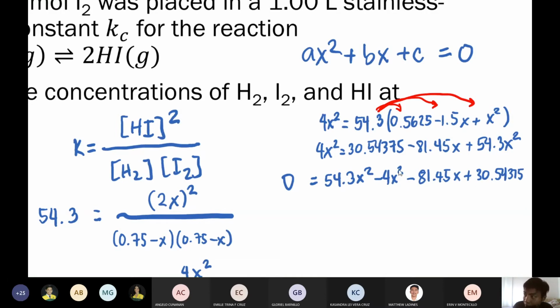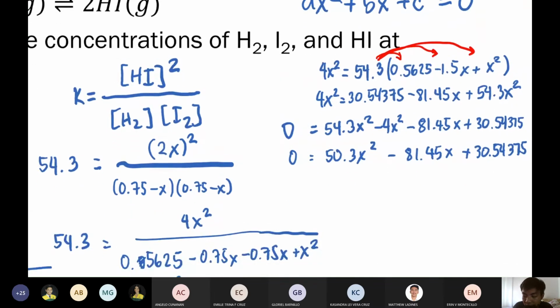Anong gagawin mo? Yung x square, pagsamahin mo siya, 54.3 minus 4, edi 50.3 yan. 50.3 x square minus 81.45x plus 30.54375. Wala nang chemistry dito, algebra lang to.